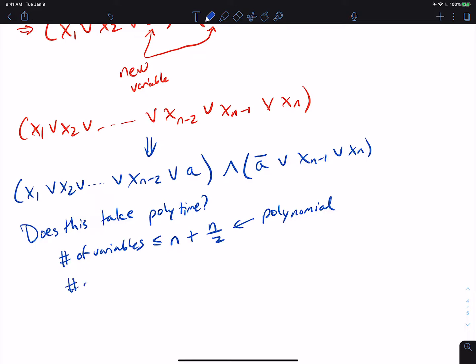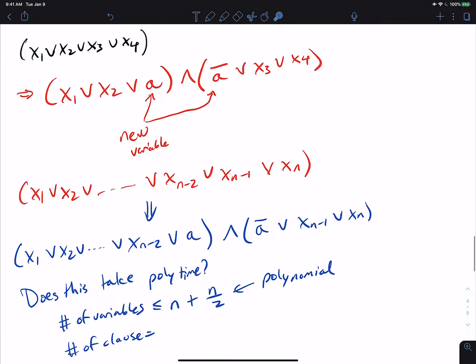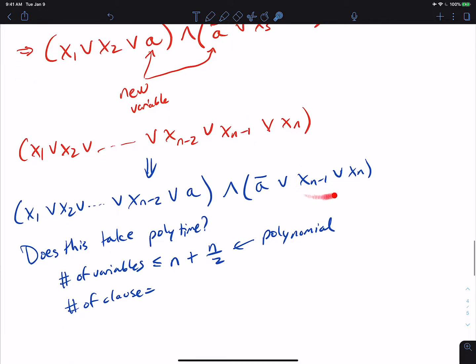What about the number of clauses here? The clauses we only care about are the ones that are longer, the ones with at least four literals inside them. At each point, we're taking two variables away from the clause that we originally had.